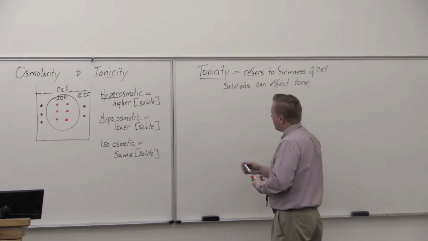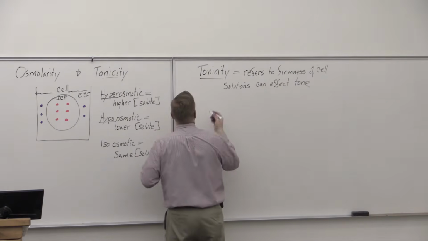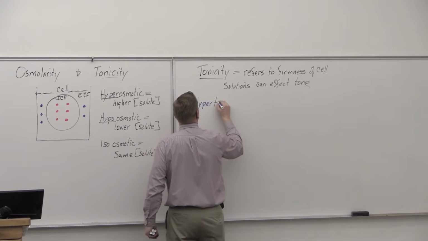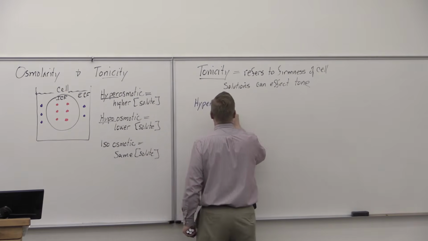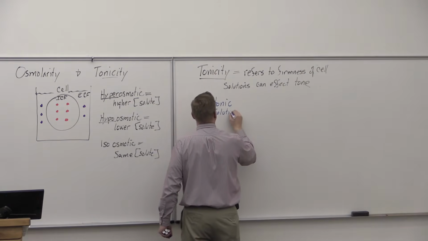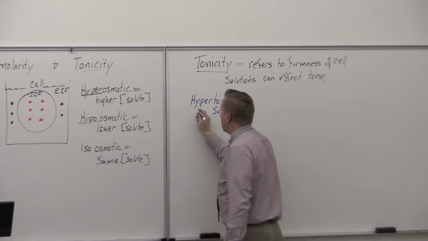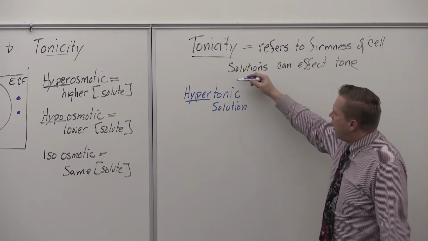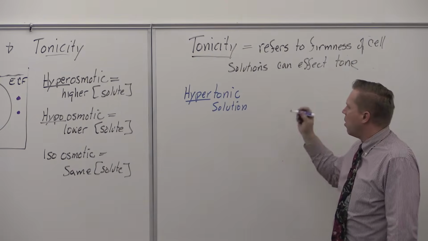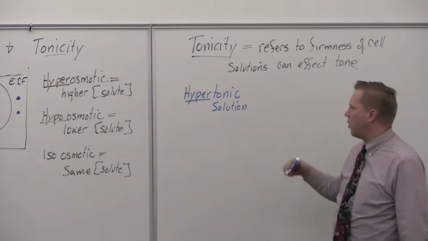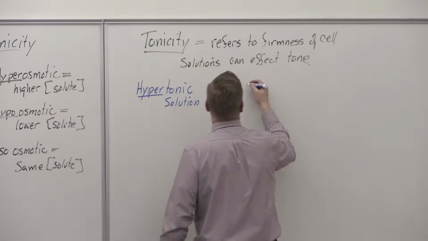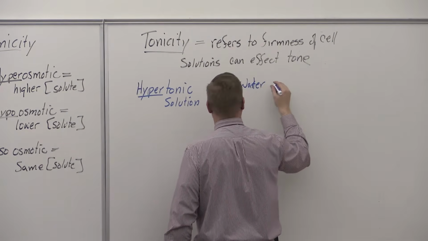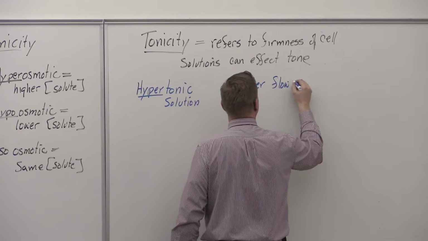And so we start to get some different terms. So for example, you can have what we call a hypertonic solution. Now we already talked about hyper. Tonic is a new suffix or root word up here. If you put the cell in a hypertonic solution, then water flows out.